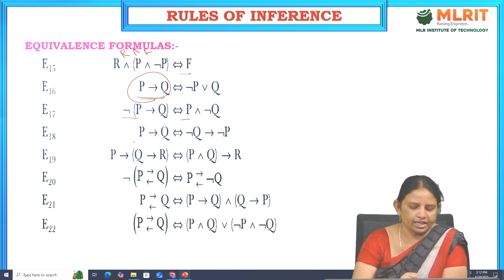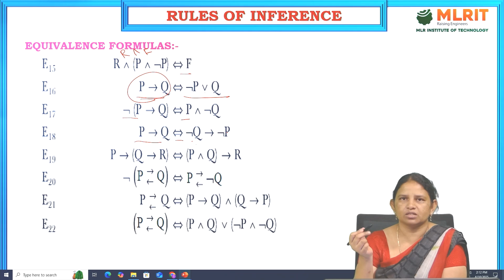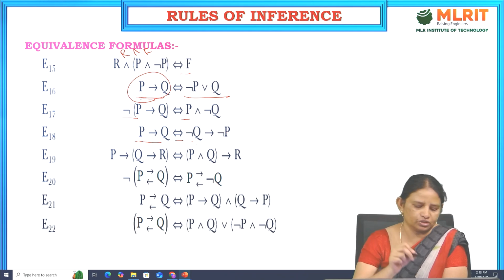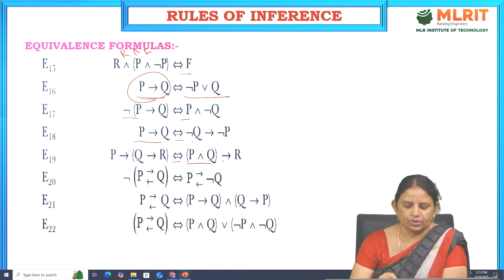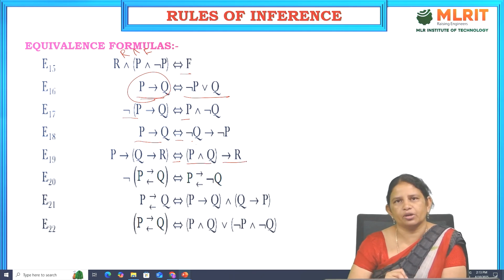Then, P implies Q is equivalent to negation Q implies negation P. Either you can write negation P or Q, or negation Q implies negation P, depending upon the derivation of the conclusion. P implies Q is equivalent to P and Q implies R.